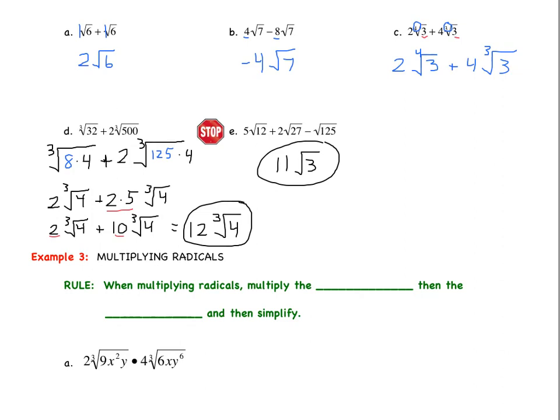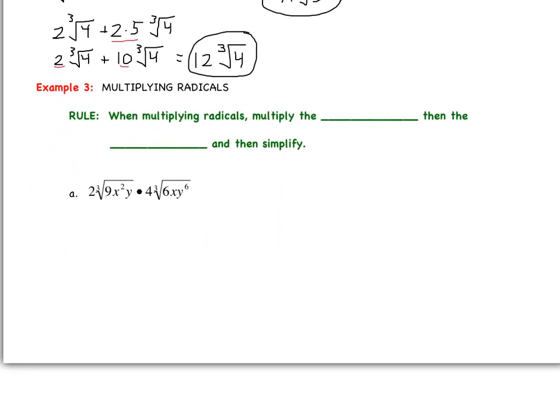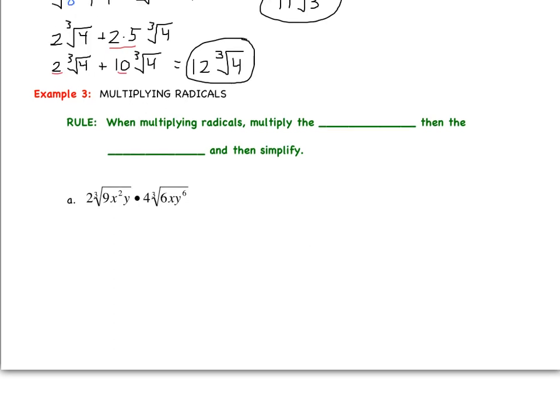Okay, and finally, moving on to the very last example of this lecture, which is about multiplying radicals. So the rule of thumb when multiplying radicals is we multiply the coefficients, then the radicands, and then we simplify from there.